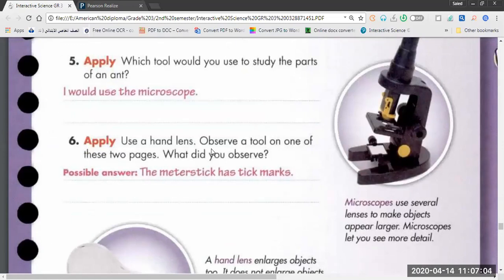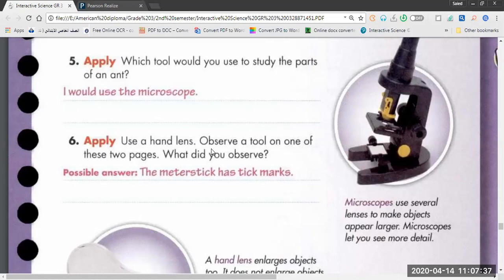So you will put it under the microscope, and you can check it by using the microscope, and the microscope has several lenses, and you can switch between these lenses till you see the tiny object that you want to observe or check very clearly, and to know more detail about it.